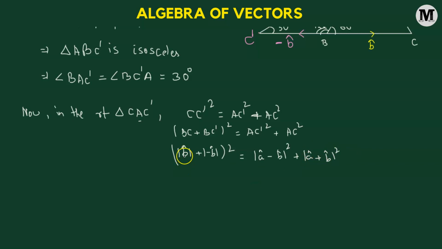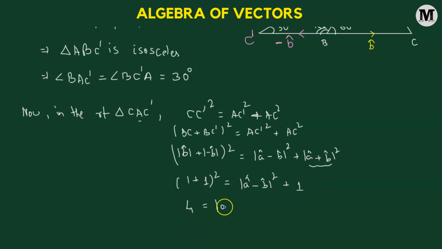Okay, now the magnitude of b cap is 1. The magnitude of negative b cap is also 1. So 1 plus 1, squared, will be equal to the magnitude of a cap minus b cap squared, added to, as already established, the magnitude of a cap plus b cap, which is 1 because a cap plus b cap is a unit vector. That gives us 1 plus 1, that's 2. 2 squared is 4.